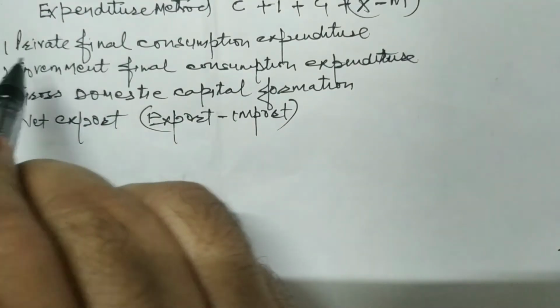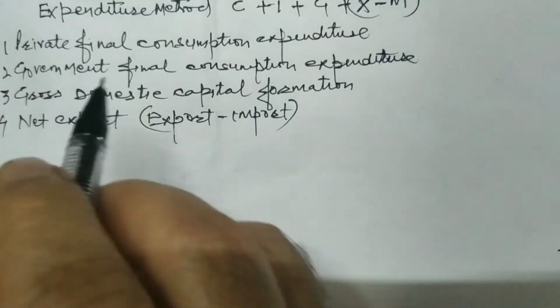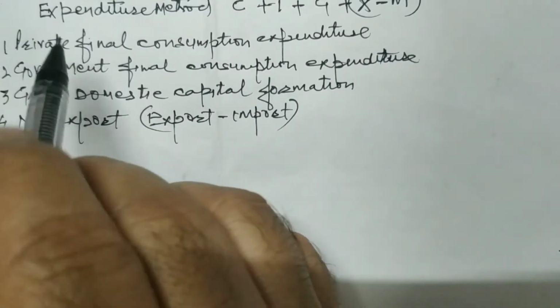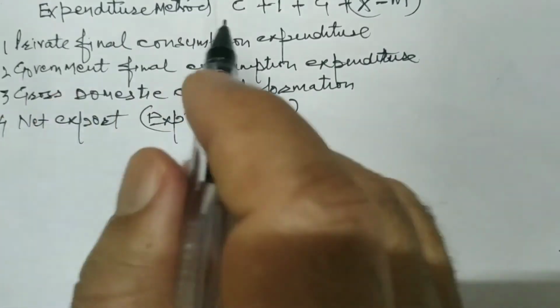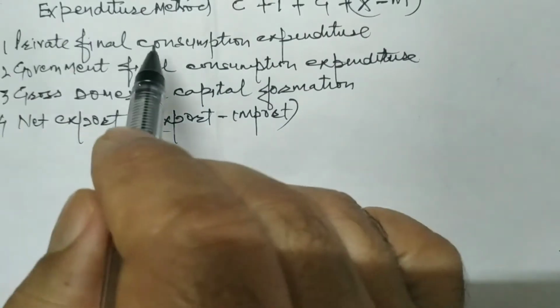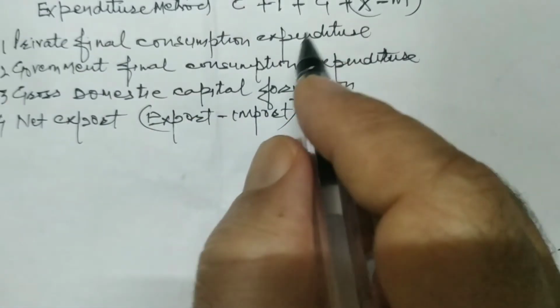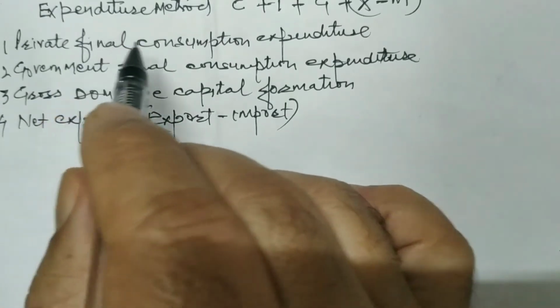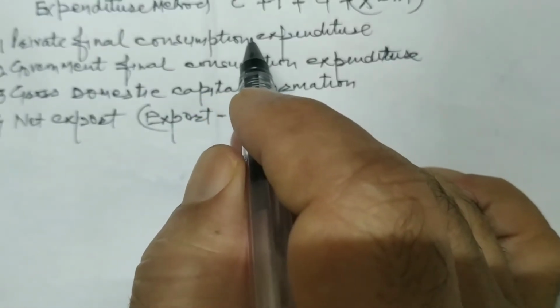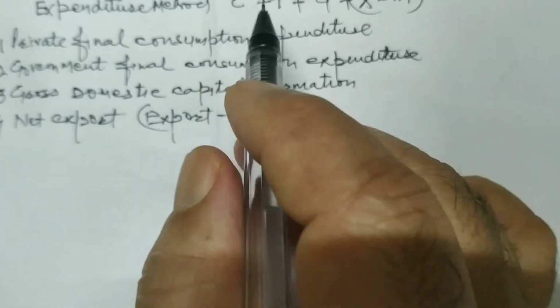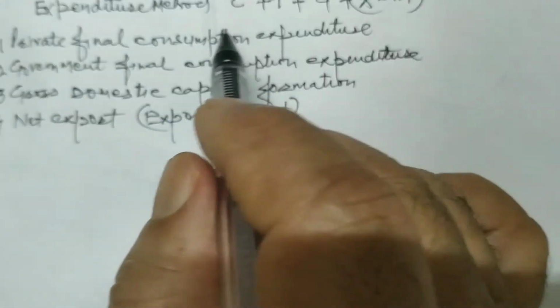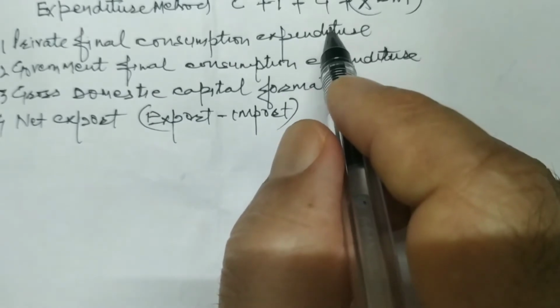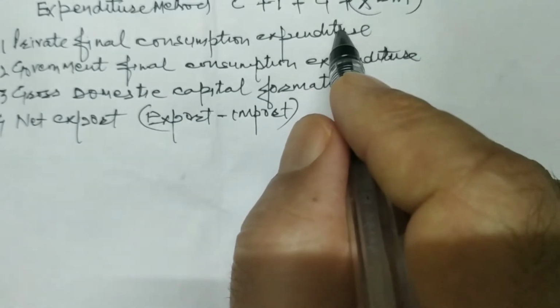Now let's explain these components one by one. Private final consumption expenditure. This is the expenditure incurred by the households in the domestic territory of a country and abroad.